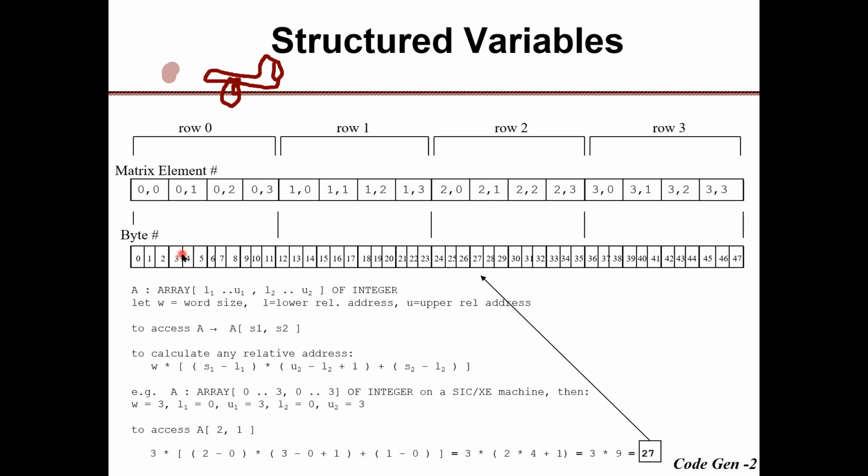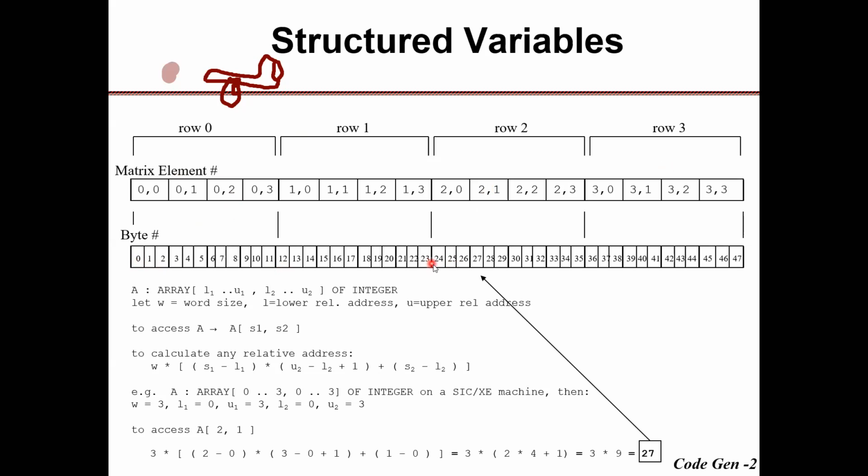So what we have now is the starting byte of the first entry into this 4x4 matrix will start at byte 0 in this example, and every one is 3 bytes long. Now, knowing our organization is like this, we can also say, oh, we know that the first byte of row 1, which is the second row, is going to be the 12th byte, or the byte number 12 rather, which is the 13th byte.